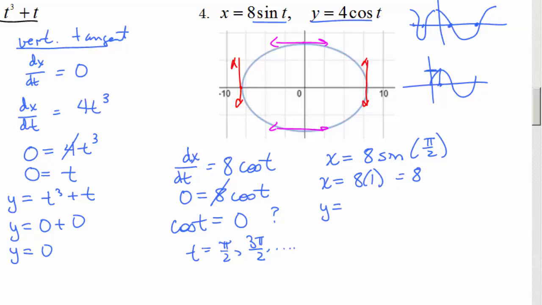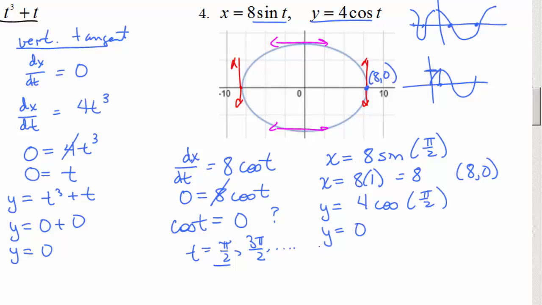We need the y value, so that would be 4 times the cosine of pi over 2. And we know that the cosine of pi over 2 is 0. So one point of vertical tangency is (8, 0). And I believe that would be right here.